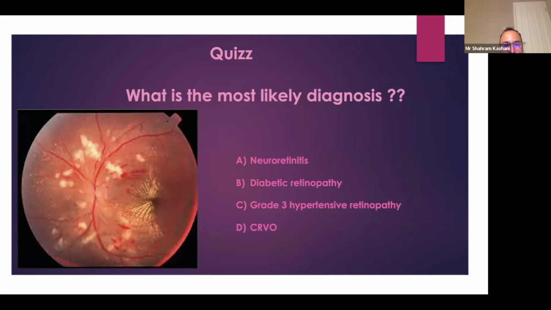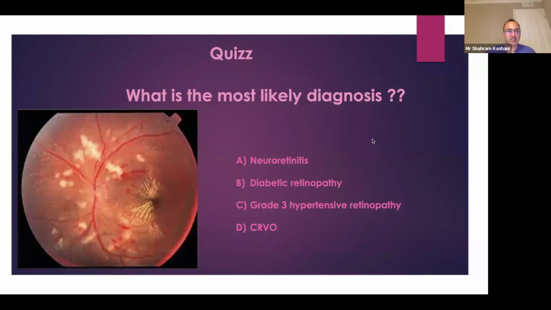Is it grade 3 hypertensive retinopathy, or is it a central retinal vein occlusion?